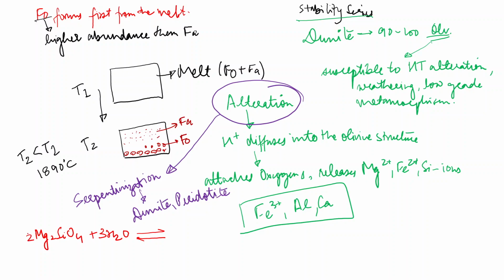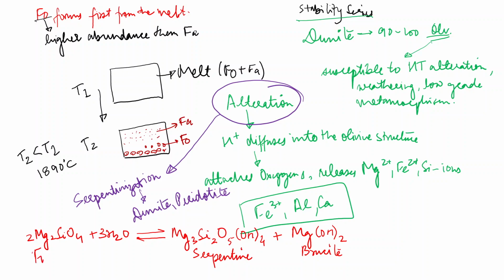It becomes Mg3Si2O5(OH)4, then we have Mg(OH)2. This is serpentine, and this is the brucite. So you saw that the olivine, and this is forsterite, got altered to serpentine and brucite.